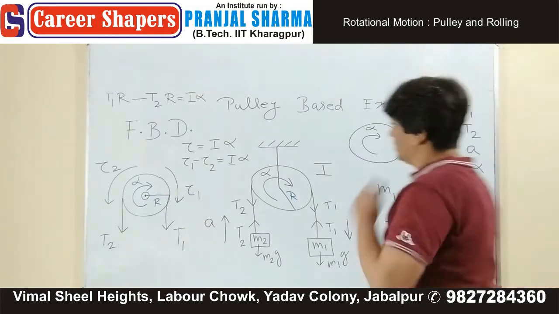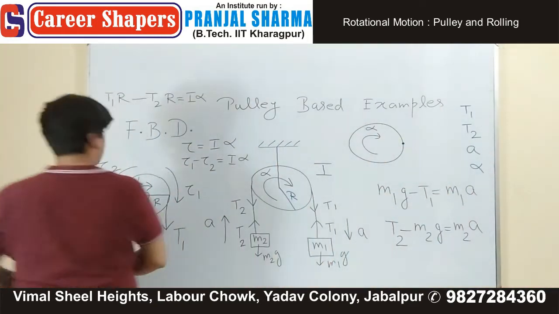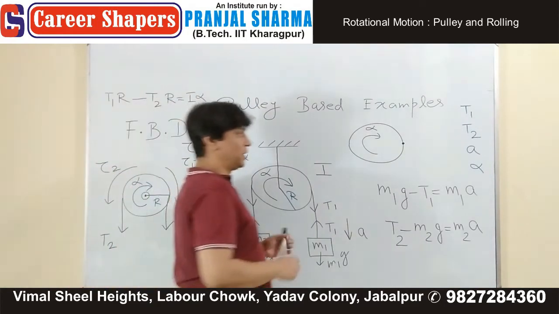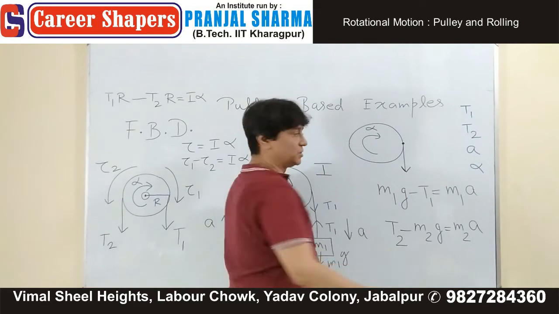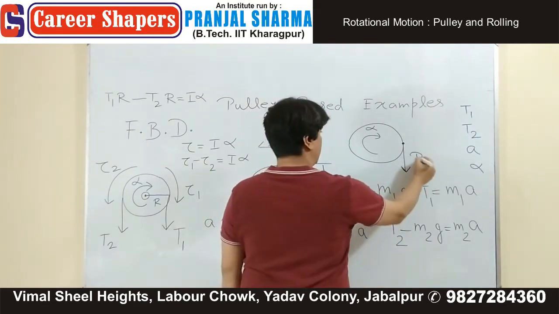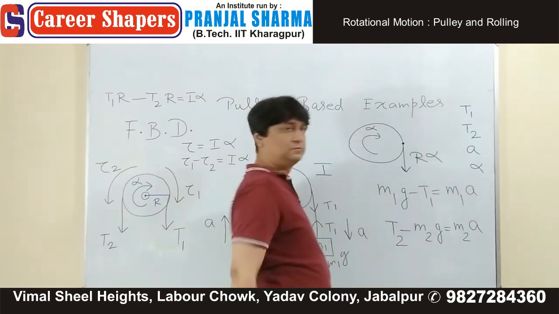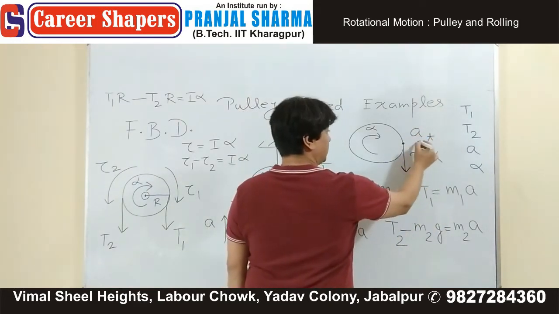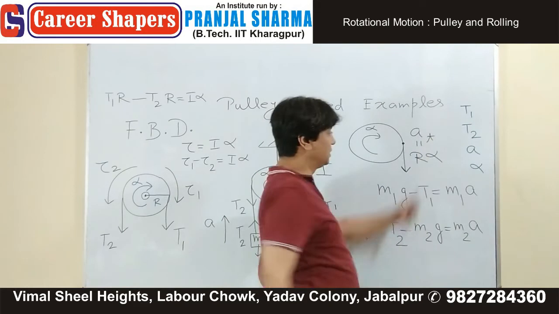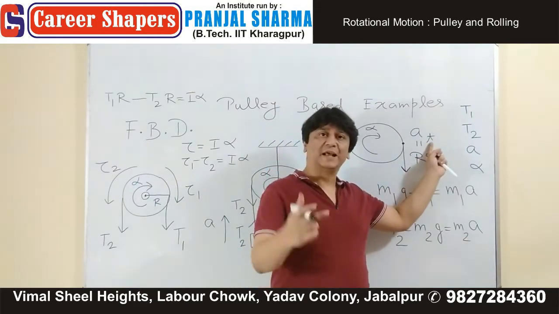Good. This is coming from circular motion. This point has a tangential acceleration of r alpha. We used to write at equals r alpha. Small t for tangential.